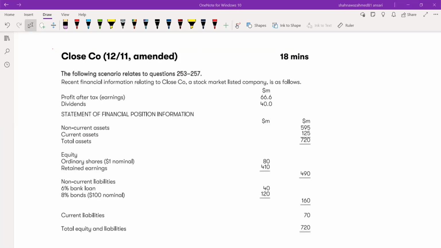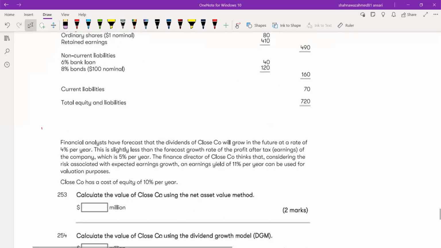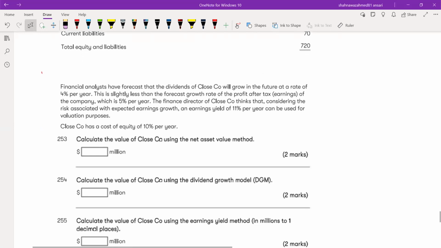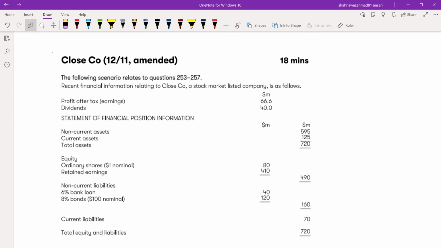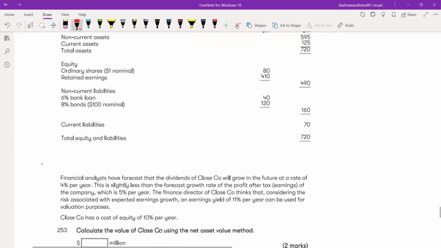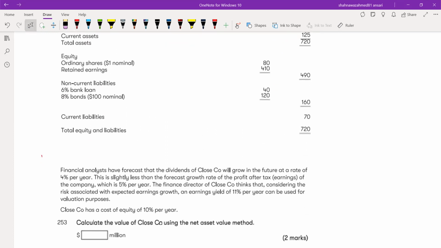Now another question. In this question, we have again valuation on the basis of net asset based valuation, dividend growth model, earning yield. Let's see the question. Profit after tax, that is earnings, 66.6 million, dividend 40 million, balance sheet has been given. Analysts have forecast that the dividend of the closed co will grow in the future at a rate of 4% per annum.